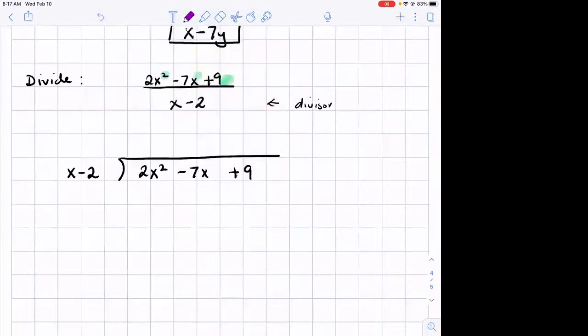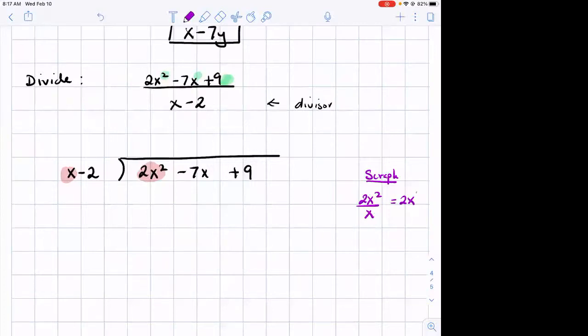I'm going to take the first term on the inside and the first term on the outside, and that's what I'll divide. What is 2x squared divided by x? And if you do that, this becomes 2x.